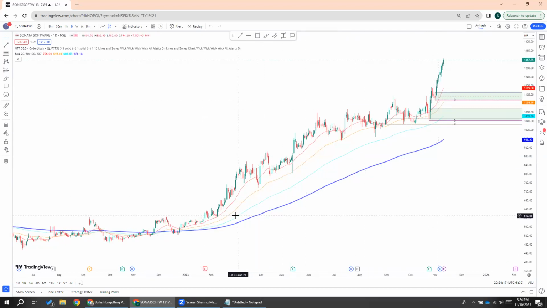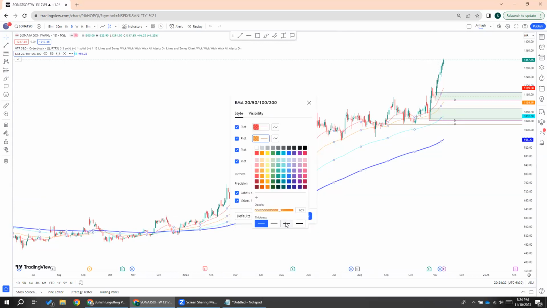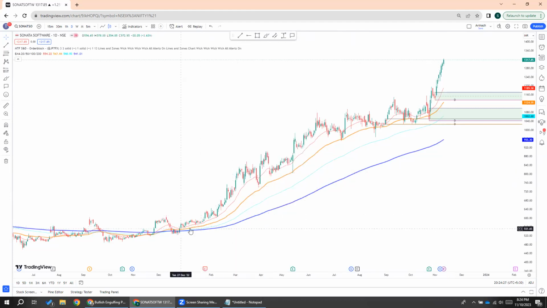For now I will skip, but if someone had traded with the 50 as a support, they could have started from here, so only with the moving average you could have made 3 times from 550. Let's continue. Great.